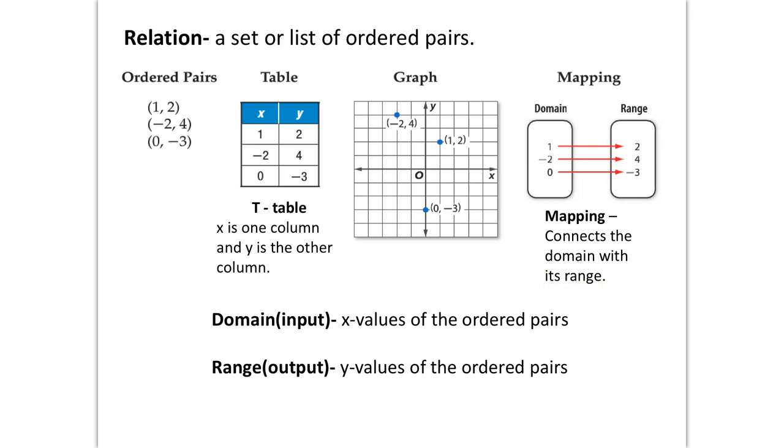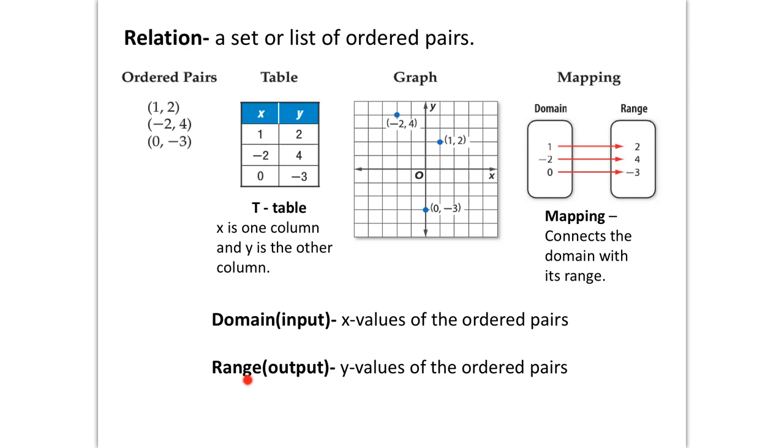Now, what is the domain and range? Let's look down here. Domain is the x values of the ordered pairs. So when you look at the tables, the x values, or the x coordinates, right here are called the domain. Another word that we use is input, which means that when you have an input of 1, there's going to be an output, and that output is the y value.